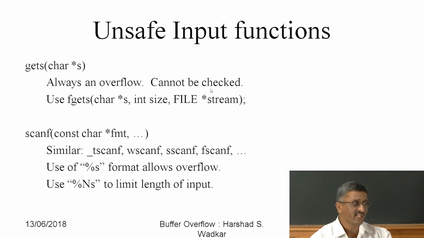So, using fgets and stdin I can still read data from the user, which will not give me a buffer overflow attack. Similarly, for scanf, instead of %s we can write %ns, where n is nothing but size, actually size minus 1 data. So, scanf will also allow me to read data which will not overflow the buffer, but we should know this, we should learn it.